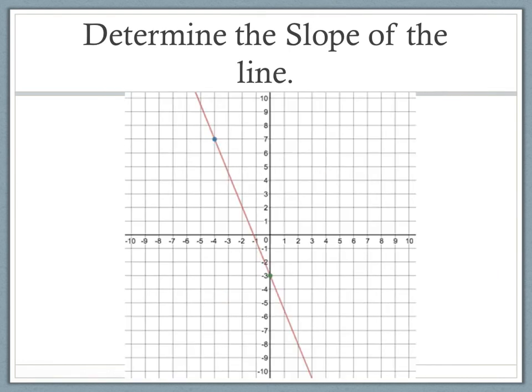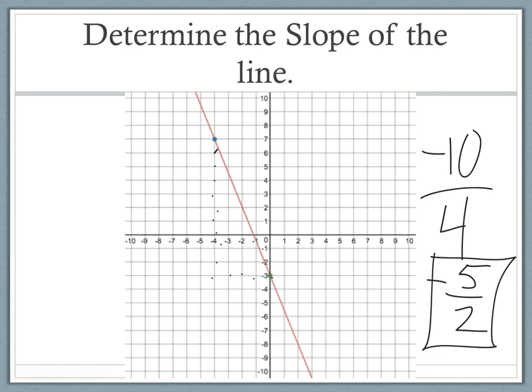Let's try this one. Rise over run, so I'm going to go down 1, 2, 3, 4, 5, 6, 7, 8, 9, 10, -10, over 1, 2, 3, 4, over 4. Always go left to right, and it'll be a little bit easier when it comes to signs. Now, I can reduce that. That's -5 over 2.